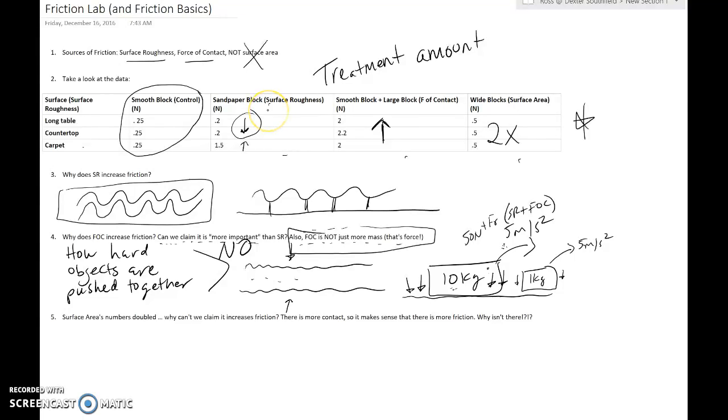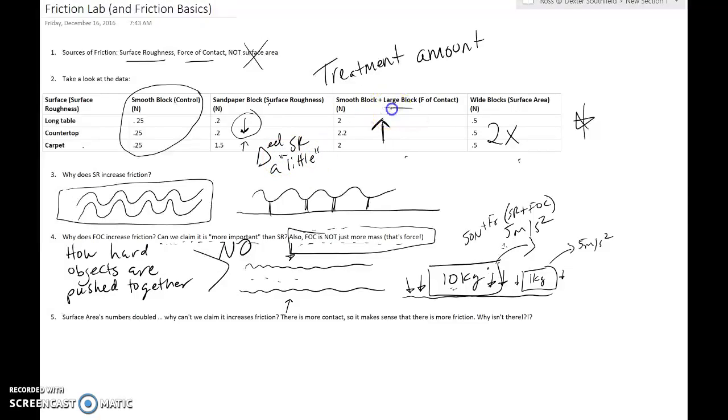When we were doing the sandpaper block, the sandpaper versus the smooth block was a little bit rougher. When we changed to the carpet versus the table, it was a bit rougher. So we changed the roughness, but not by a lot. We changed surface roughness a little, right? We don't know exactly how much, but not by a ton.